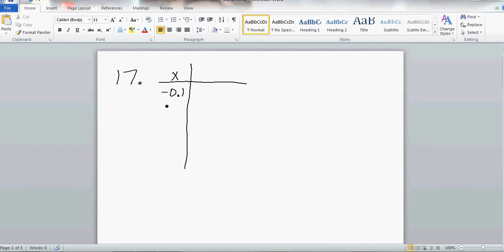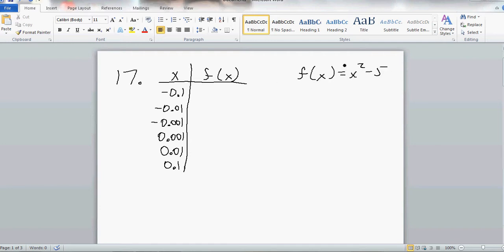So it gives us x equals negative 0.1, negative 0.01, negative 0.001, and 0.001, 0.01, and 0.1, and we are asked to find the value for f of x, which is equal to x squared minus 5.